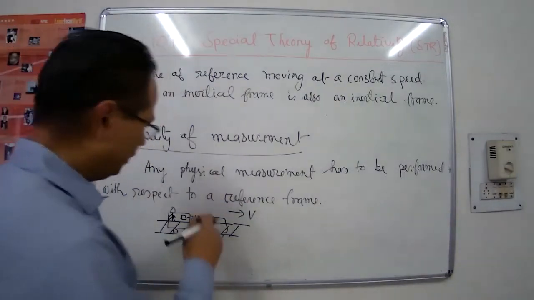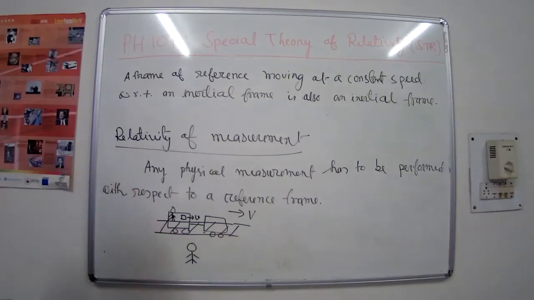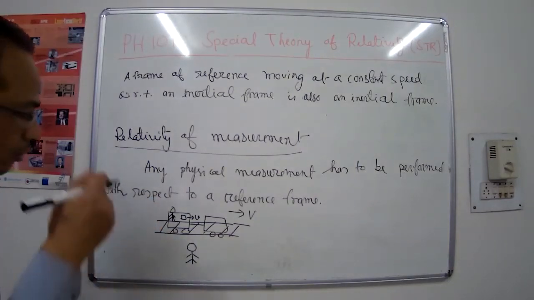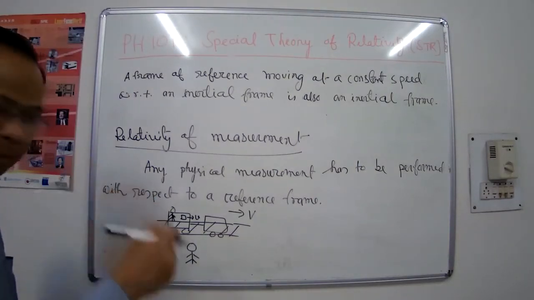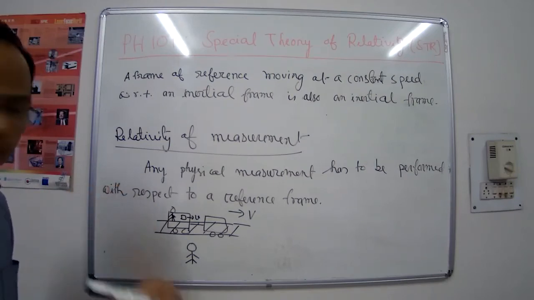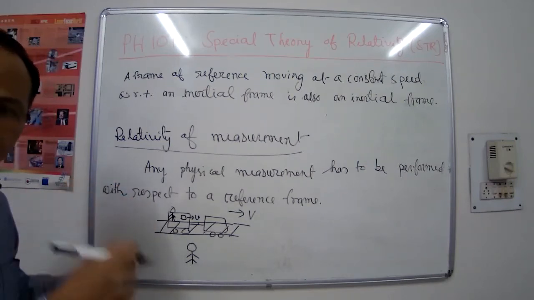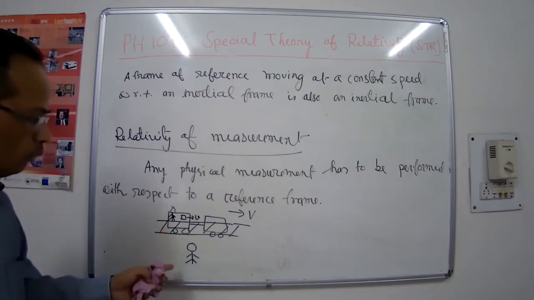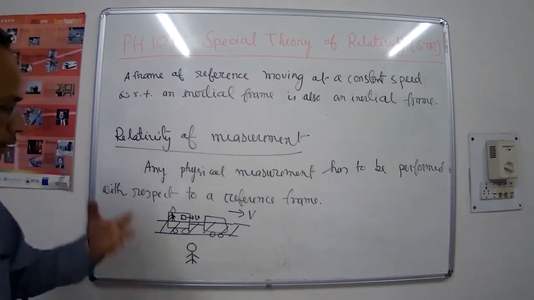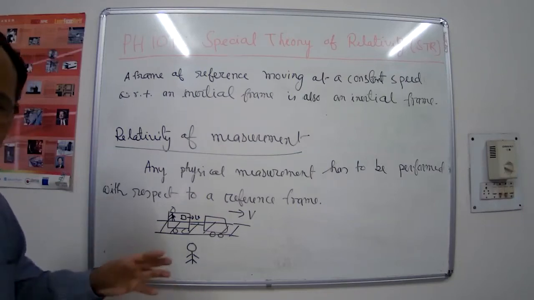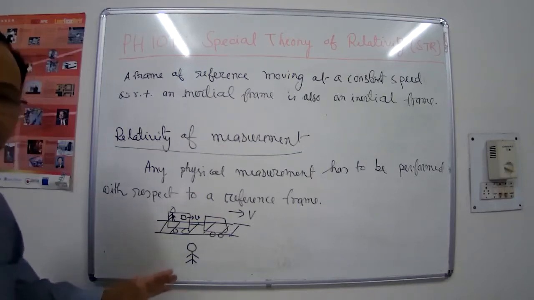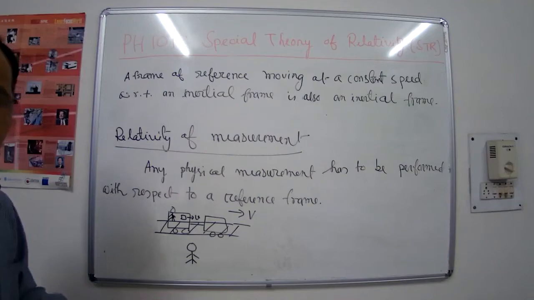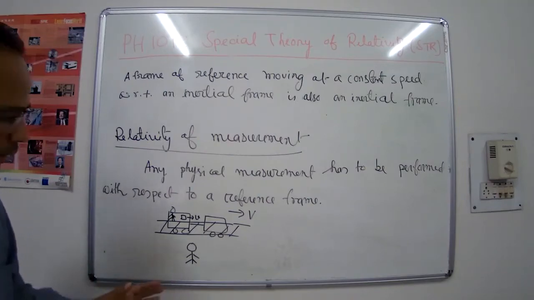So if your friend makes a measurement, he has to tell that the speed of the toy car is small v with reference to the frame of reference attached to the train. And you will have to tell that the speed of the toy car is so and so with reference to a frame of reference attached to the ground.